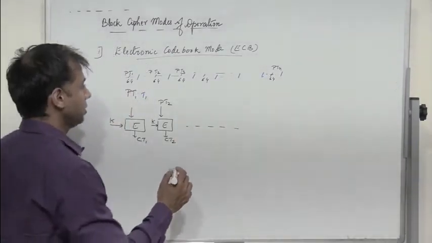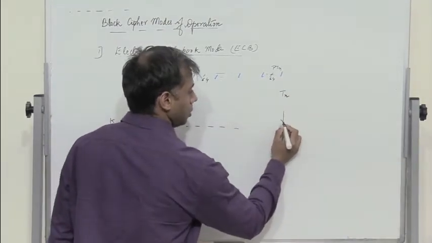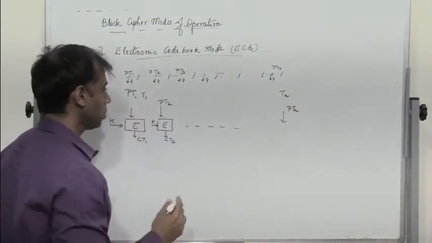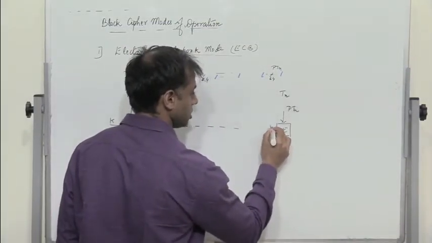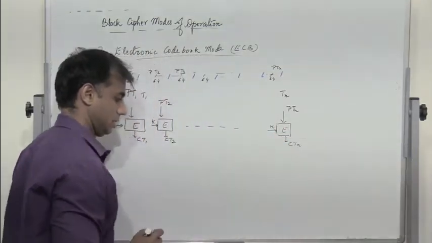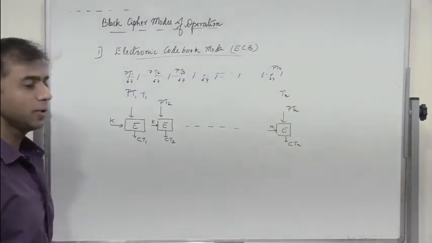At the nth time segment, TN, we give the last plain text block of length 64 bits to the encryption algorithm, which uses the same key K to produce the ciphertext CTN. This happens during the process of encryption.